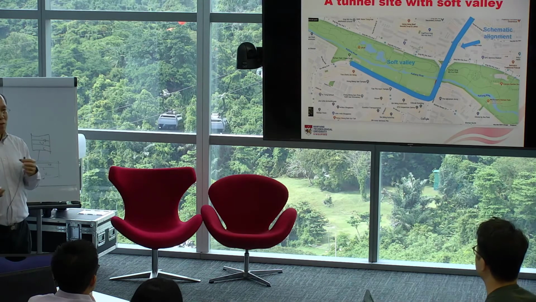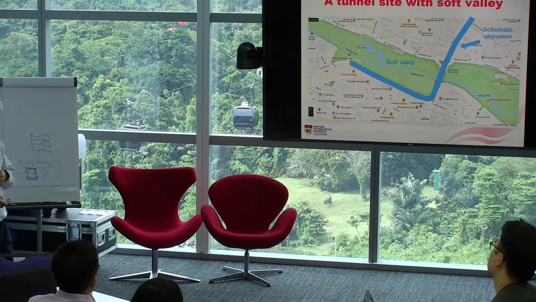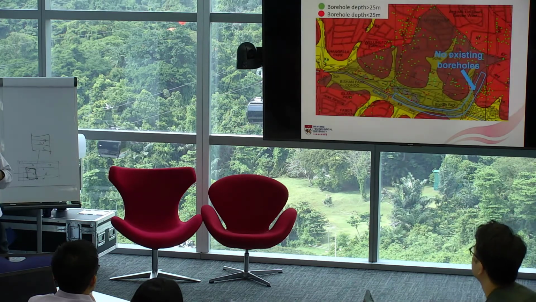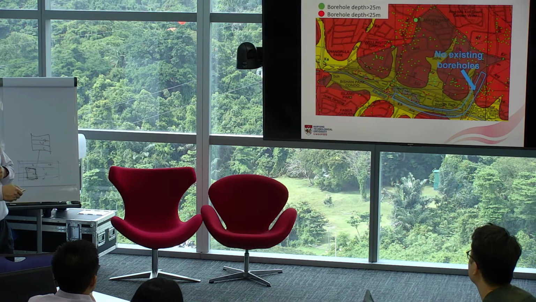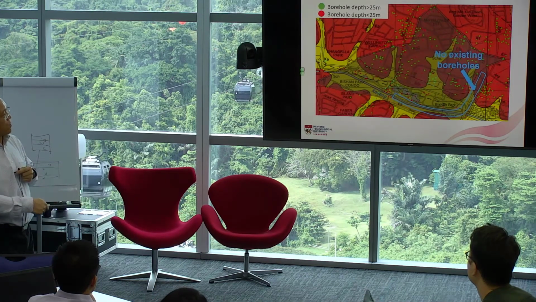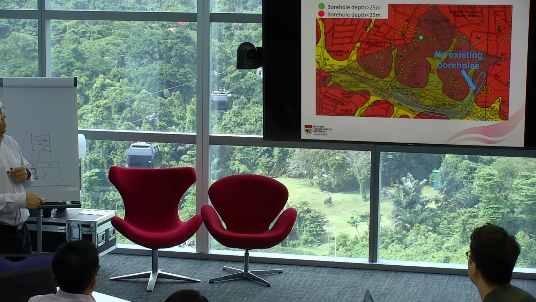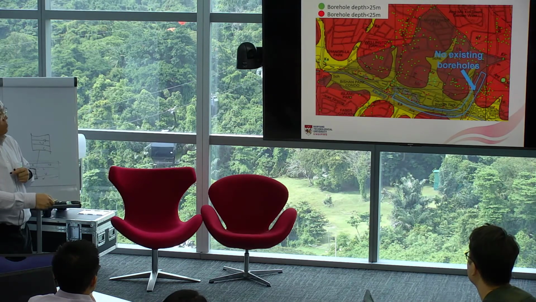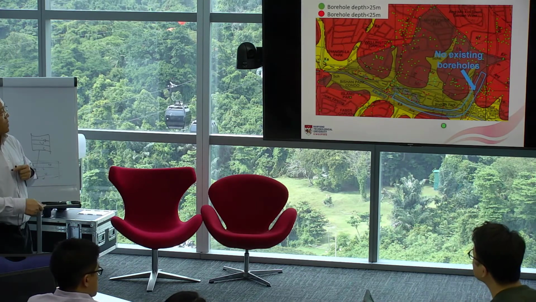Assuming we have not done any site investigation work and we don't have any borehole, we can always go to the 3D geological model and our database to see whether we have existing boreholes. We do have boreholes from previous projects, but mainly from HDB projects, because there are a lot of HDB blocks surrounding Bishan Park.